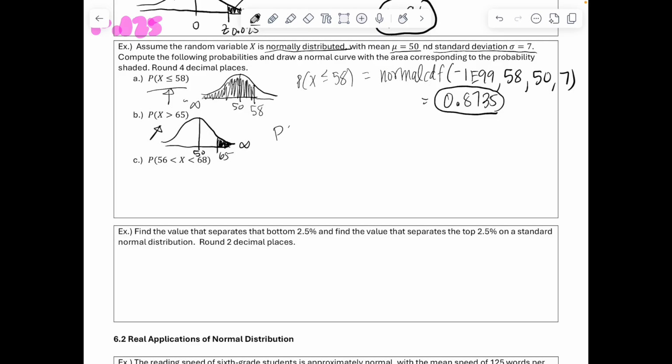And so the probability that x is greater than 65 is equal to normal CDF. Where does the shading start? As you read this from left to right like you would read a book, the shading starts at 65, and it goes on forever to infinity, which we use 1E99. Our mean is 50 and our standard deviation is 7.